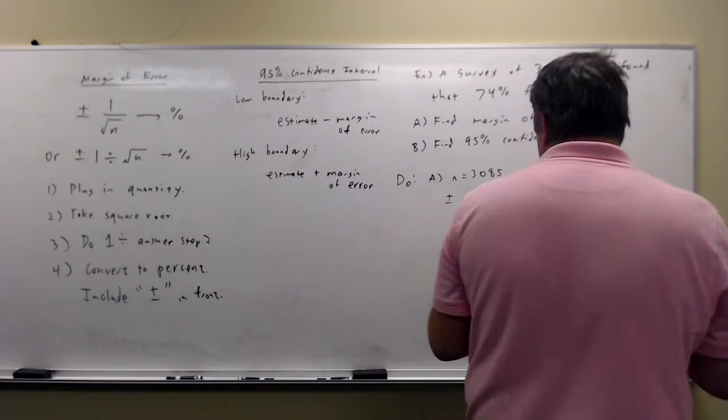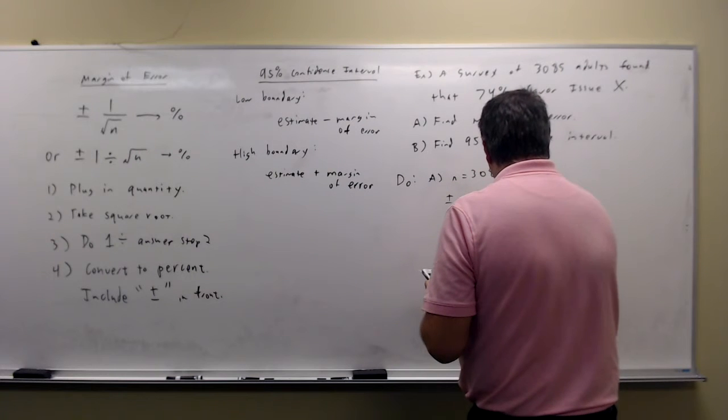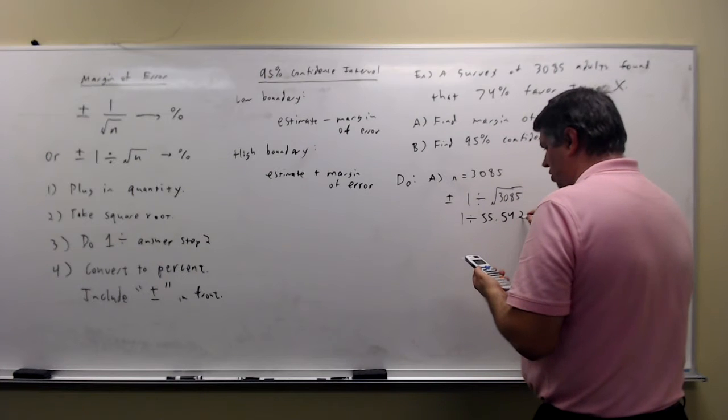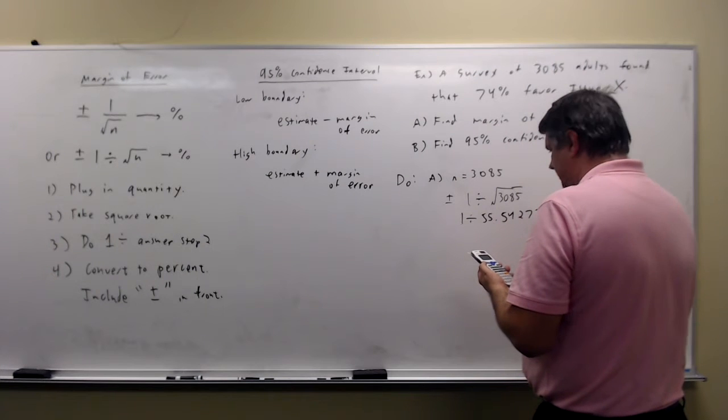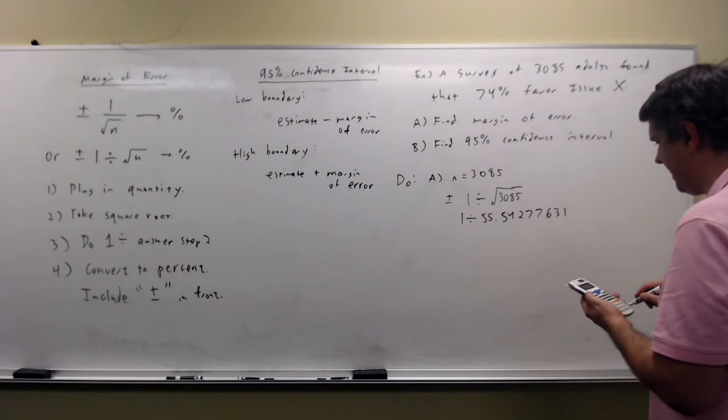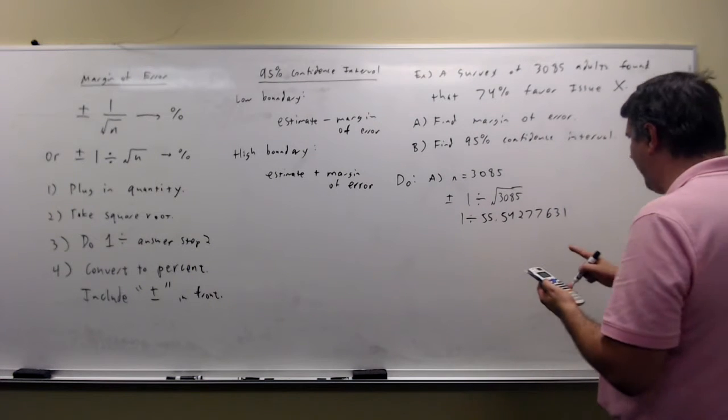So I'm going to give up and copy: 55.54277631. I'm going to show every digit that I see.